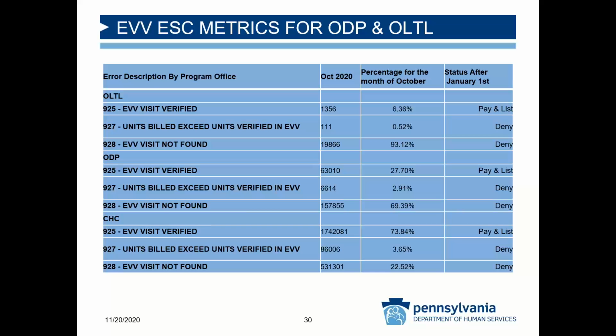The last section is the managed care EVV edits and their percentages. They actually are doing the best, if you look. I think they have a pretty nice size percentage in terms of setting 925.